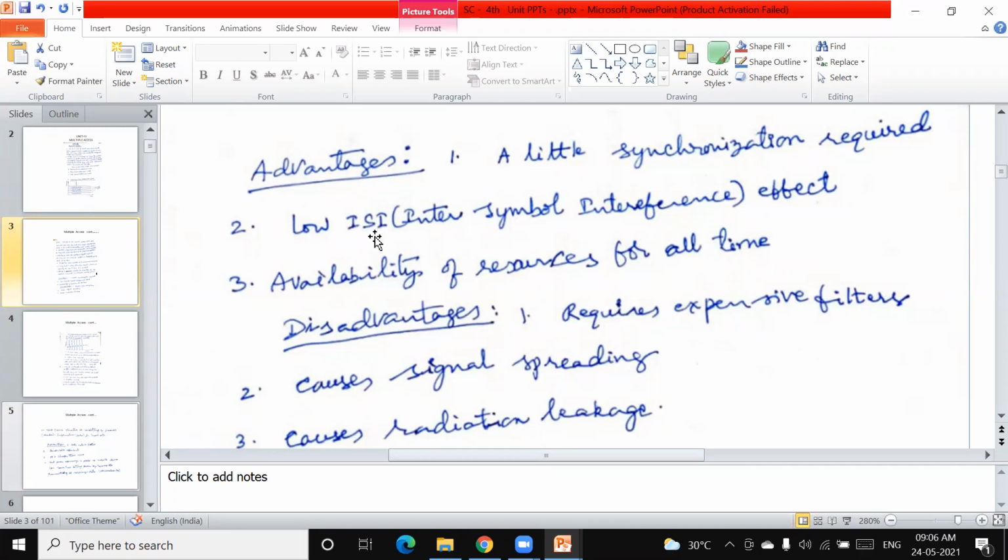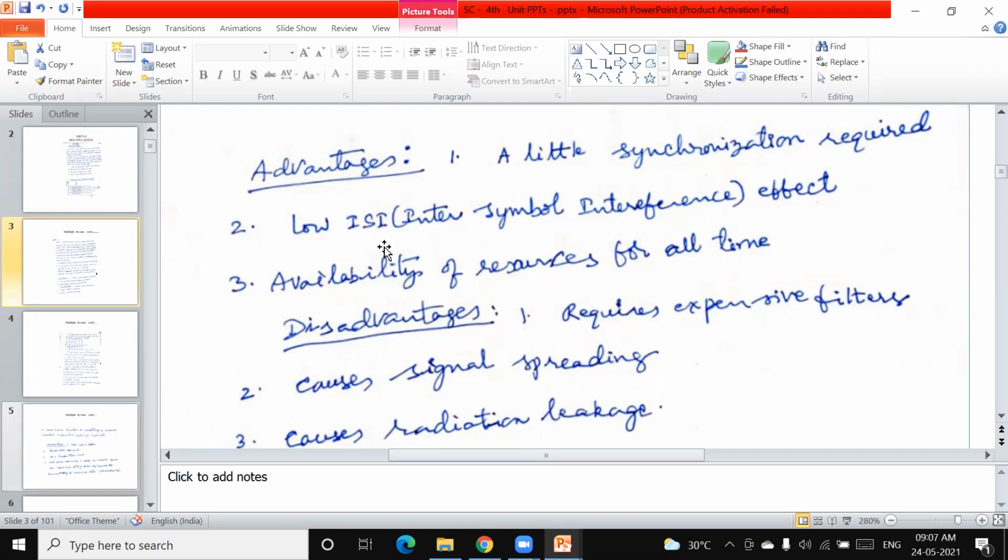And low ISI, intersymbol interference, as you know, intersymbol interference is less. You might have already studied this in fiber optic communications also. When you transmit signals through the fiber, there are some time slots, and once the transmission is complete, at the end of that fiber the resulting data has a different time slot.